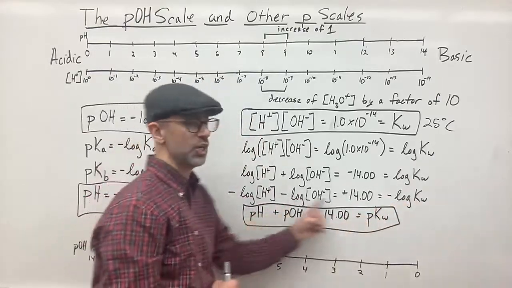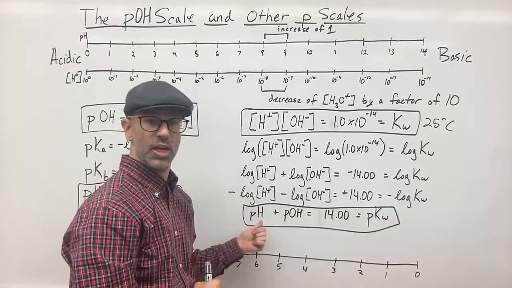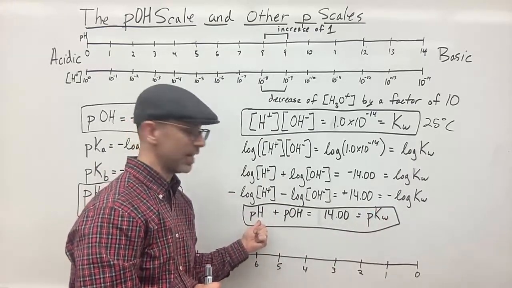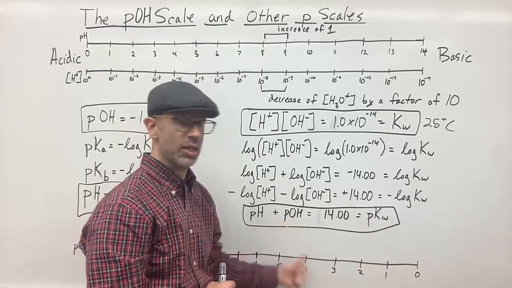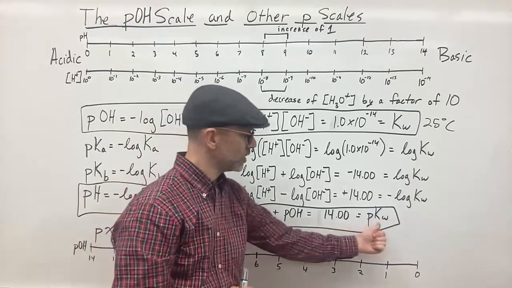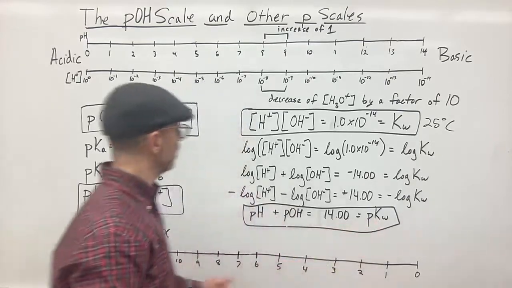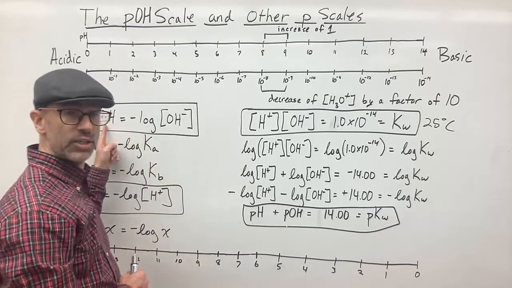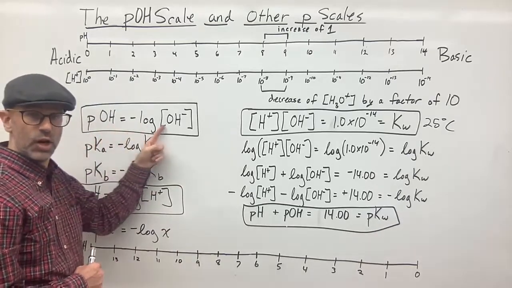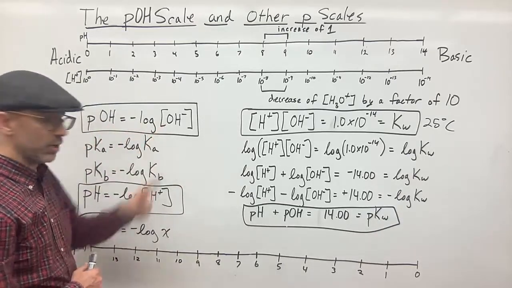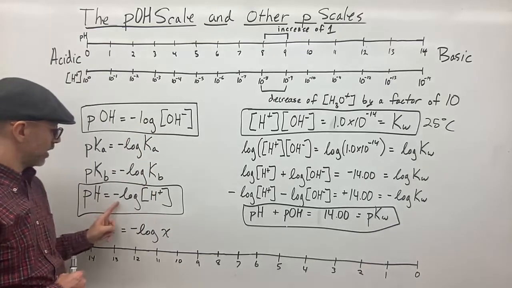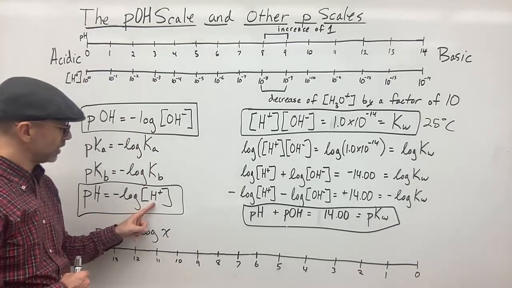And so here is a new relationship that we can use. So we now know that the pH plus the pOH is equal to 14, which is the pKw. And we know that the pOH is equal to the negative log of the OH minus concentration. We know that pH is equal to the negative log of the H plus concentration.